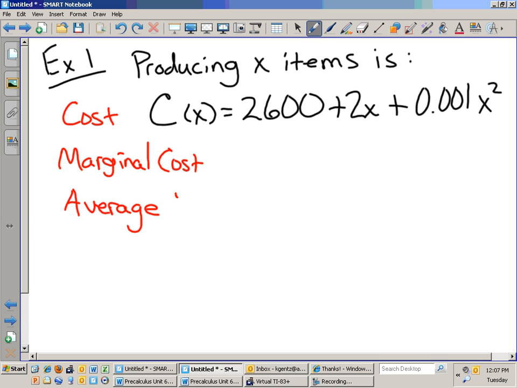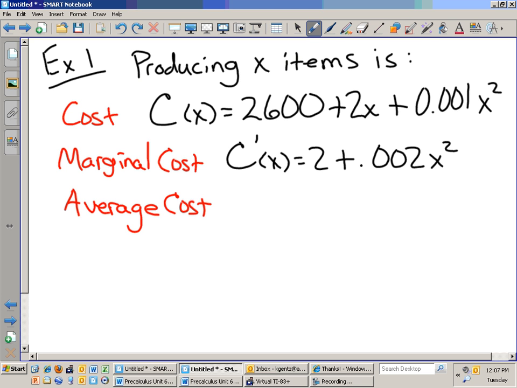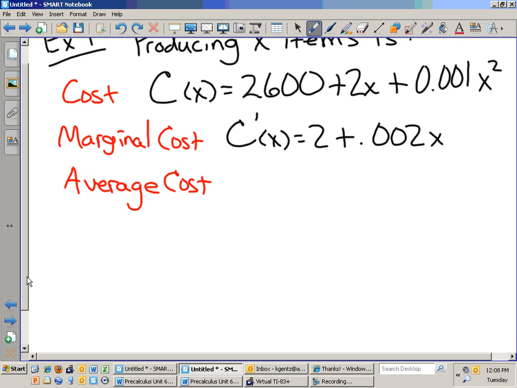So the first key is, can you generate these functions? Who can tell me what the marginal cost function is? Very good. So Ashley was able to identify by taking the derivative that that is our marginal cost function. Our average cost function we will write as small c of x, and that's equal to what?